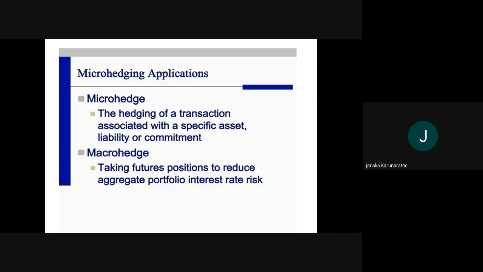What is the risk between today and 6 months' time? Anybody? You have a particular bond which matures in 2024, but you want to trade it or sell it in 6 months' time. So what is the risk?